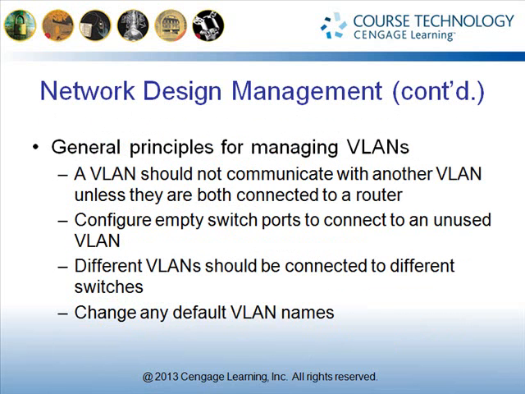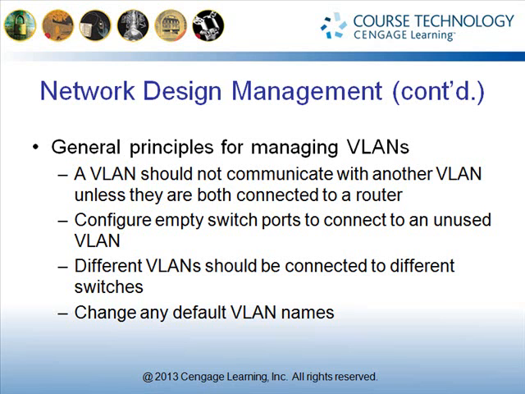There are some general principles for managing VLANs. A VLAN shouldn't communicate with another VLAN unless they're both connected to a router. We should configure empty switch ports to connect to an unused VLAN. That's a good security step to take. Different VLANs should be connected to different switches.